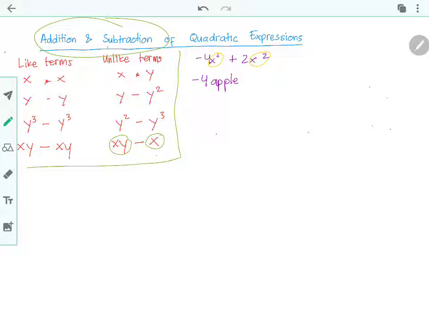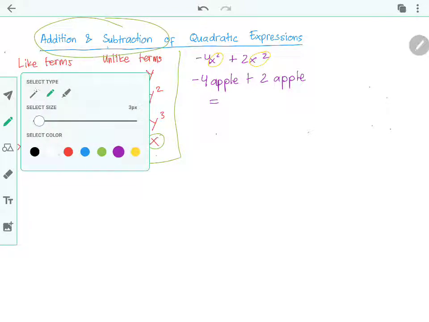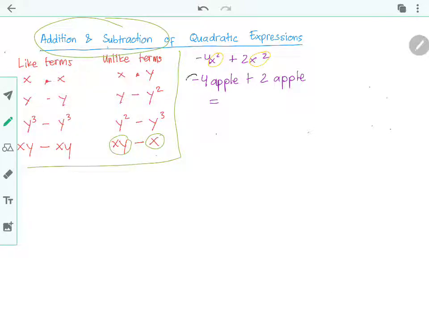plus 2 apple. I believe previously we already learned that whenever we have negative numbers, it means actually we owe something. Let's say we owe 4 apple and then we pay 2 apple. What is the result?